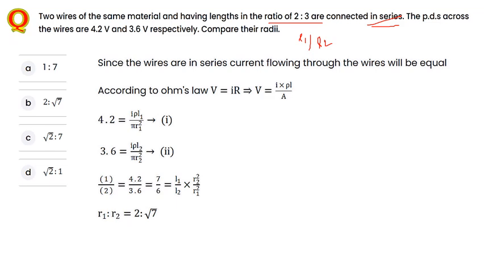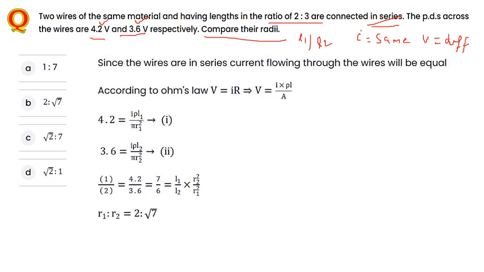So I is the same and V differs, remember this point. Next, the potential difference across the first wire is 4.2 volt and across the second wire is 3.6 volt. Compare the radii, that's what they are asking.